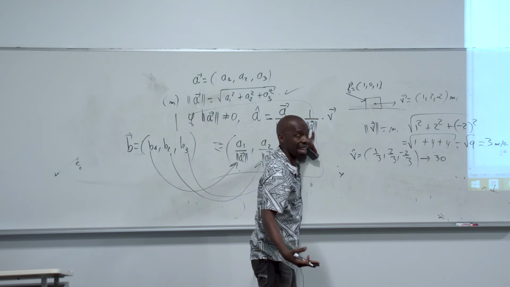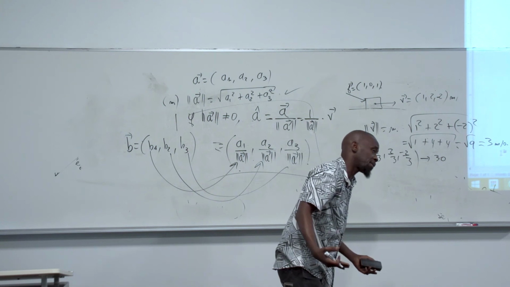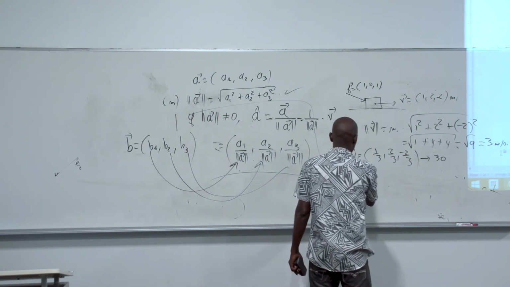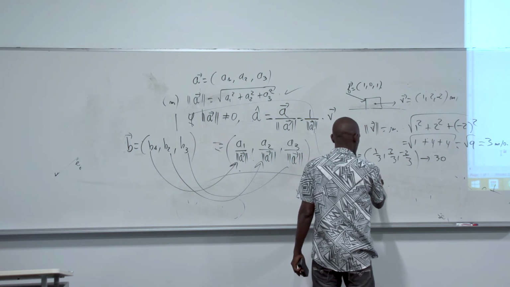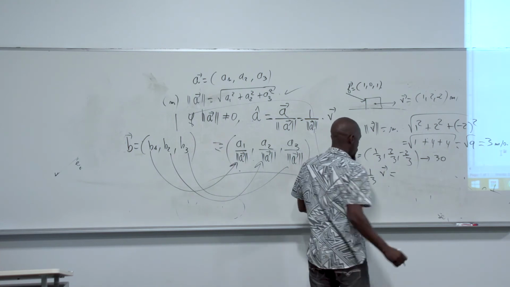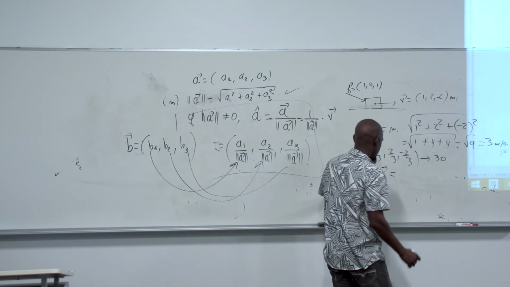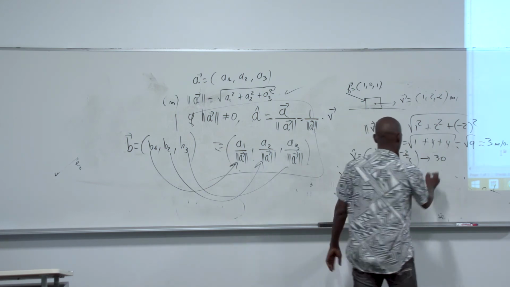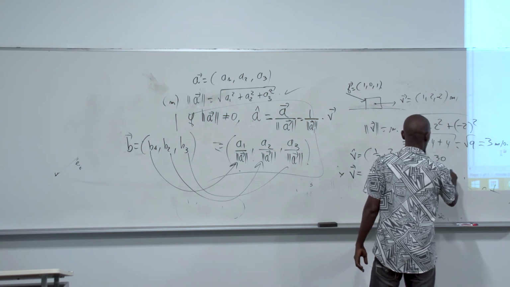Divide it, and then, instead of dividing, you multiply. That is, if I use this up here, my V hat will be 1 over 3 times V. And 1 over 3 is what? It is 0.333, okay, times V, that is 1, 2, minus 2.